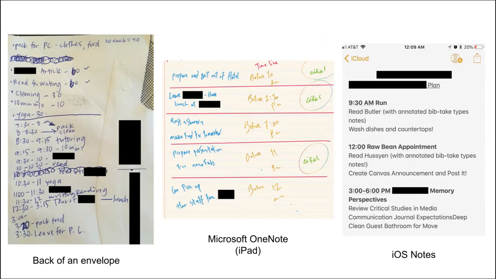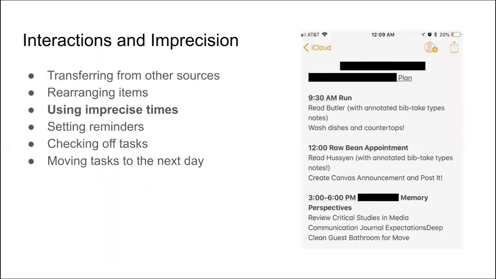This was in part due to the ways our participants interacted with their personal data and tools when planning. In this example here, we can see how the flexible format of a notes application was leveraged to allow for imprecise time assignments for tasks. While there are some scheduled items like the 9:30 run and 12 o'clock appointment, the tasks between these items have no associated time.